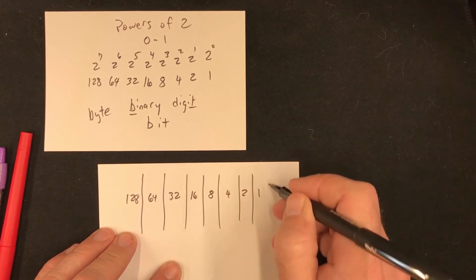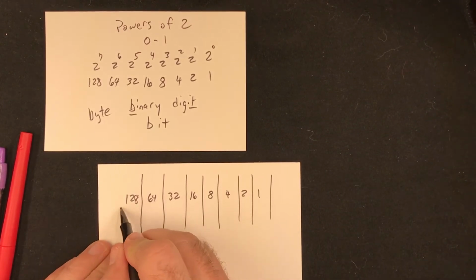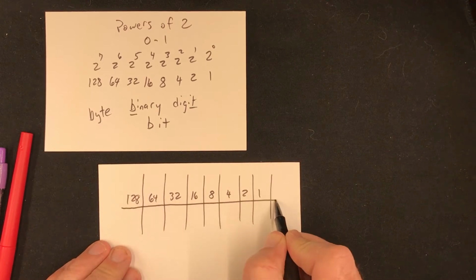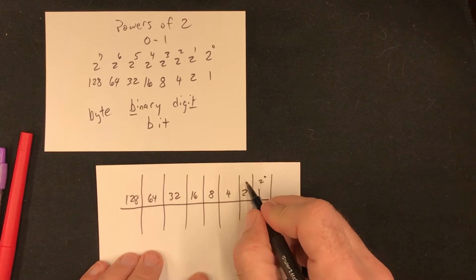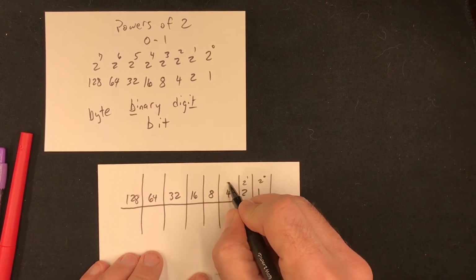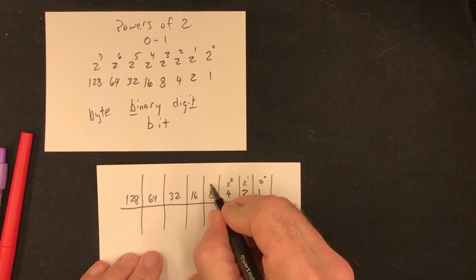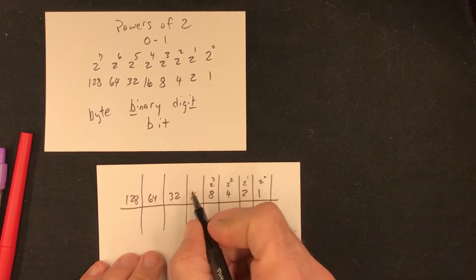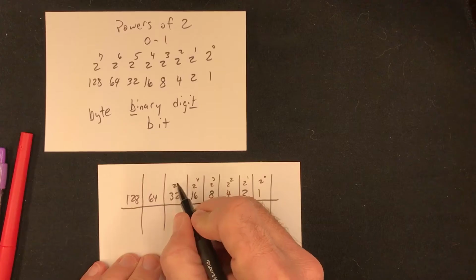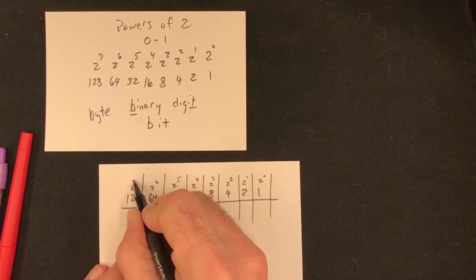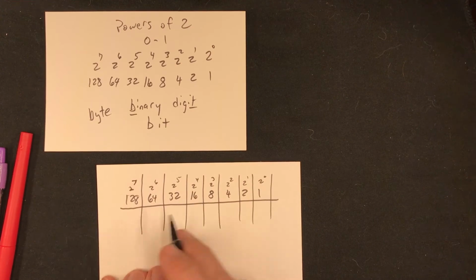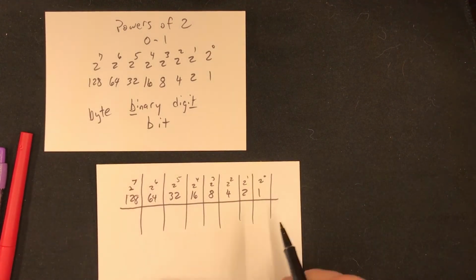Sometimes I hand out worksheets in my class. But just as a reminder, that's 2 to the 0th, 2 squared, 2 cubed, and so on. Okay, so I've got those powers of 2, and there I've got 8 bits.